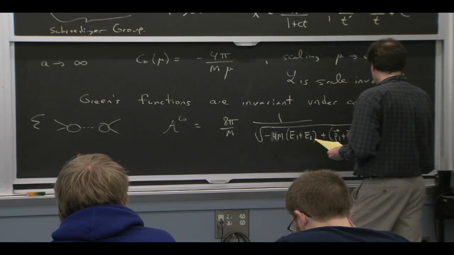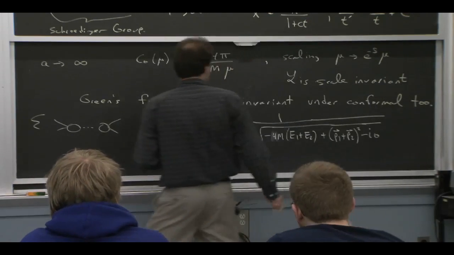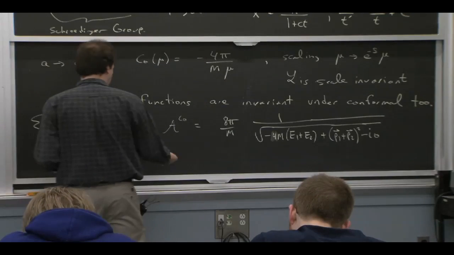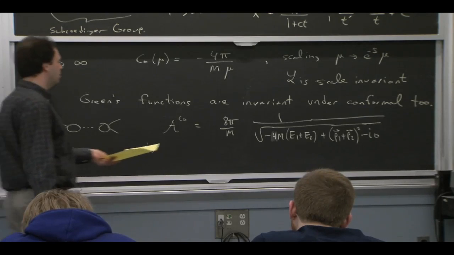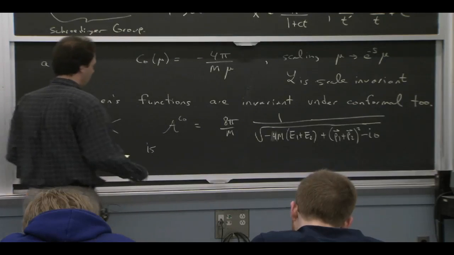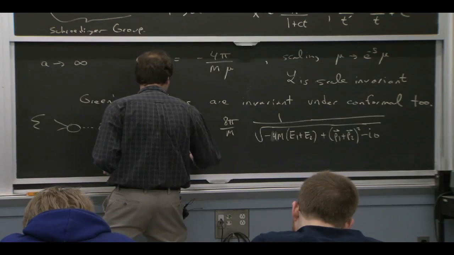Then it would look like this. And that thing goes like 1 over p, and again, E's scale differently than p's, so this thing has the right scaling for a scale invariant amplitude.